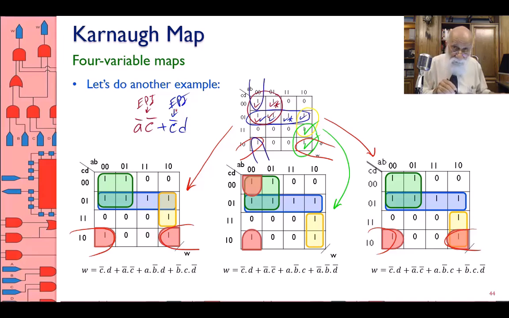Which means this. If I do this now, I still have one that is not covered, and this one is this one over here. That one can be covered either by the dark blue one, which is this, or it can be covered by the red one.